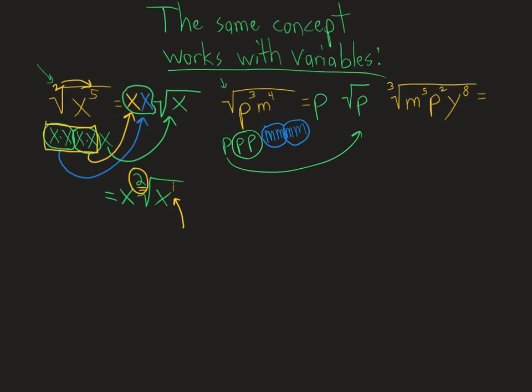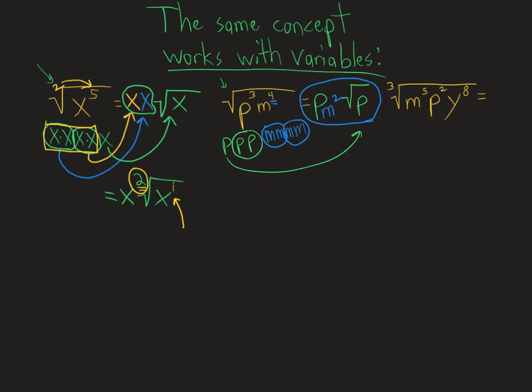There's 2 groups of m that come out. There's 1 group of m. There's the other m that comes out, and if it's m and m, why not just write them together as m squared? And there's no m's left underneath, because you can take the square root of 4 of something. You're going to have 2 groups that come out and nothing left underneath. So that's it. It'll become pm squared times radical p.